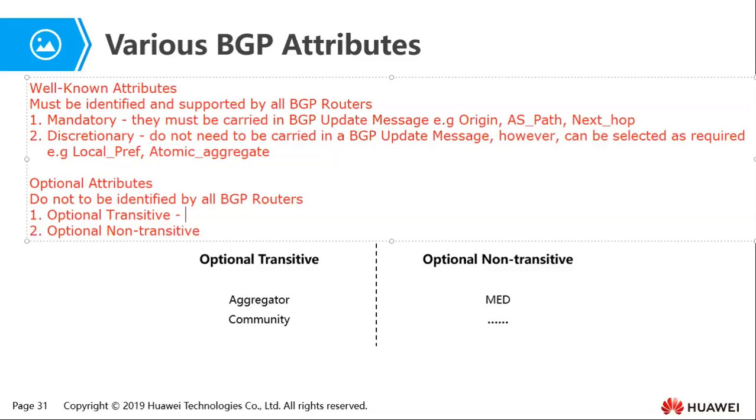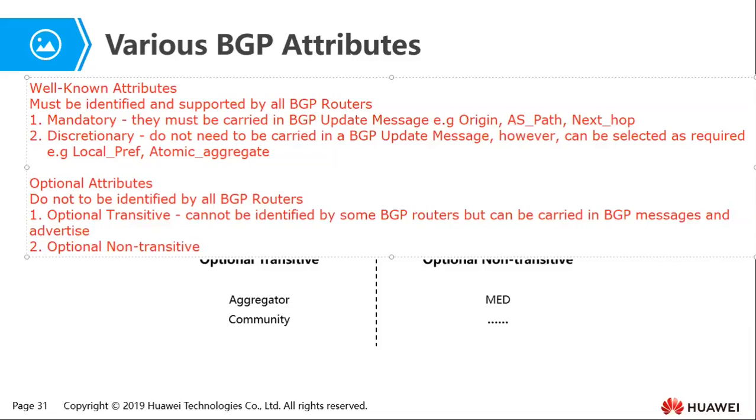With optional transitive attributes, these ones cannot be identified by some BGP routers, but can be carried in BGP messages and advertised to neighbors.